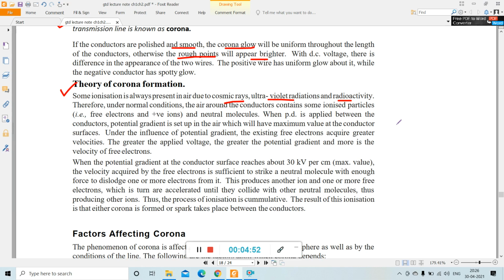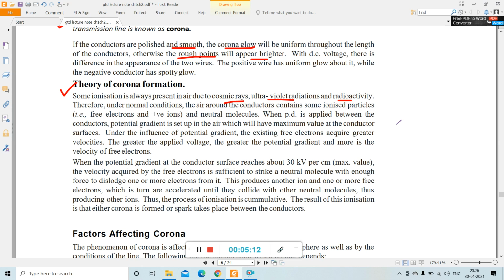This produces another ion and one or more free electrons, which in turn are accelerated until they collide with other neutral molecules, thus producing other ions. So the process of ionization is cumulative.